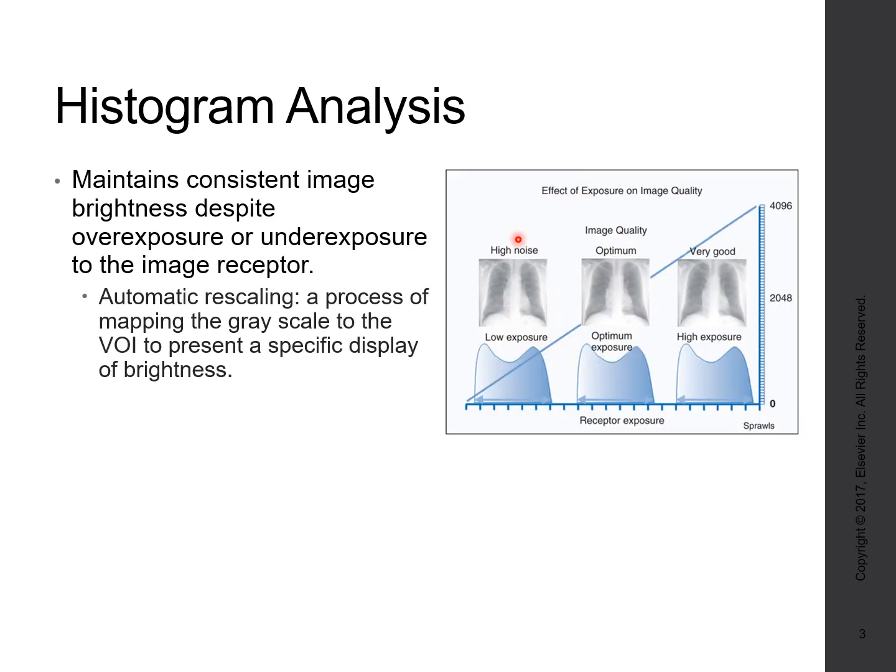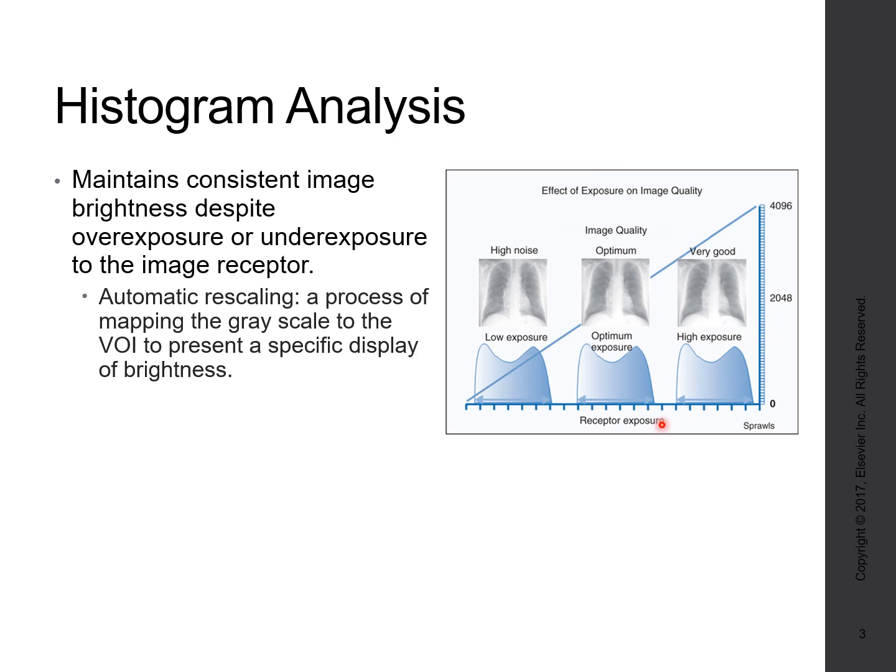So the idea of using a histogram is really to maintain consistent image brightness despite very slight changes in technique. So this example here shows that this has high noise, probably quantum mottle, because we have low receptor exposure. This X-ray would have adequate or even optimal technique with no scatter or minimal scatter, no quantum mottle, falling in the optimum range.